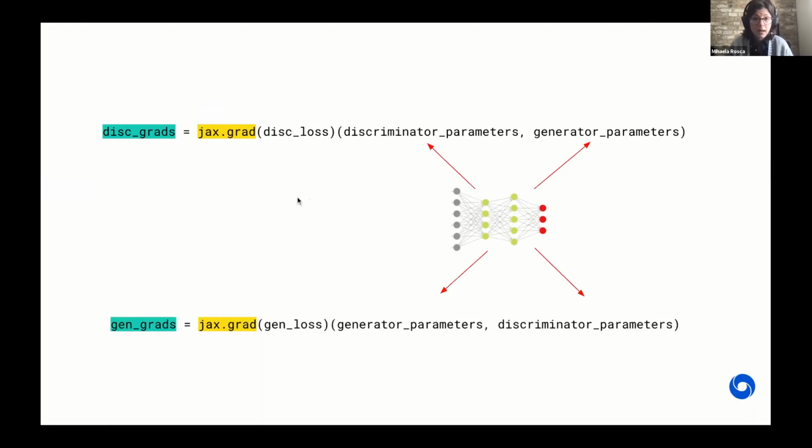In JAX, if I have a loss function, let's say the discriminator loss function, I can ask JAX, okay, give me the gradient function of this function, and it returns me a function. You yourself don't have to implement gradients in these modern tools. Once you have this function, you evaluate it at the discriminator parameters and generator parameters, and you use this in your gradient descent updates.